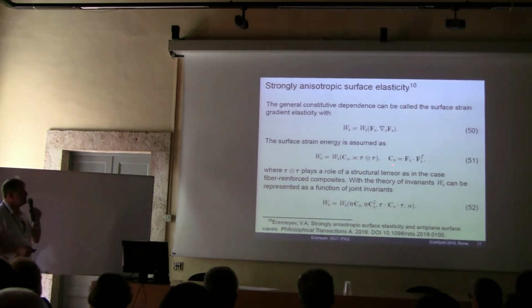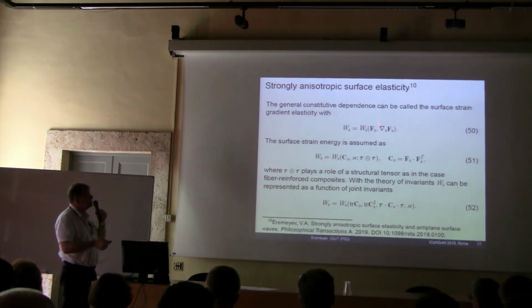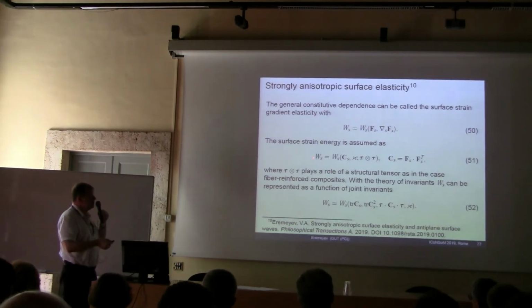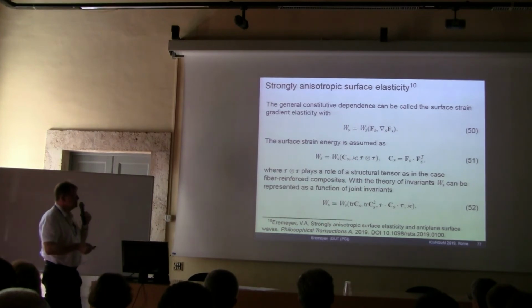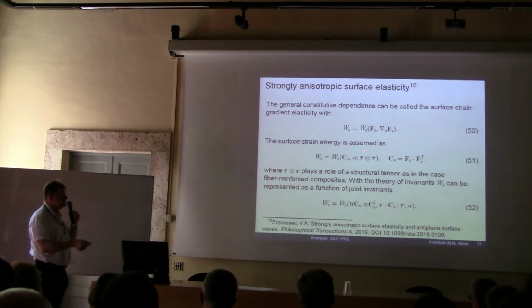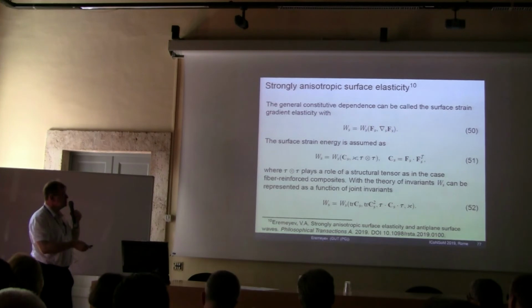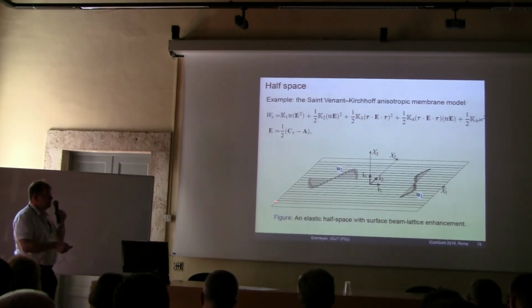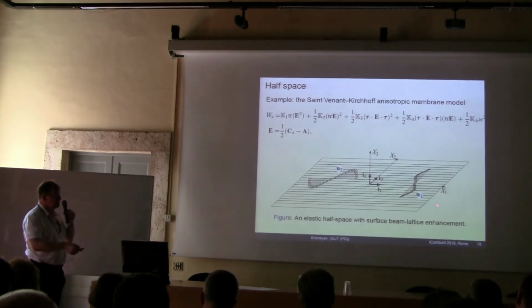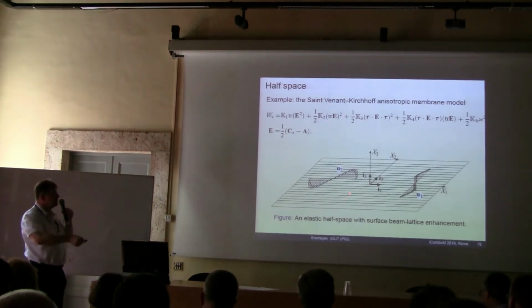Recently, we can suggest some kind of extension of the model called strongly anisotropic surface elasticity. It is most motivated by hyperbolic metasurfaces with bars. So we introduce the curvature of these bars, and for such materials we can solve the same problem, but here we have some preferred direction along the bars and transverse to bars.